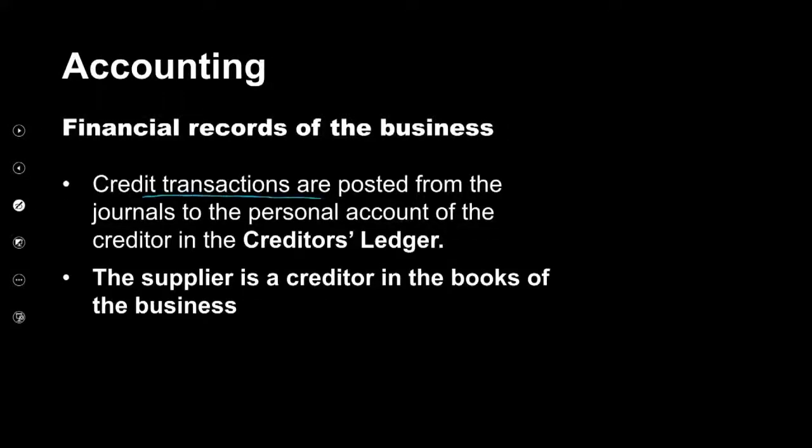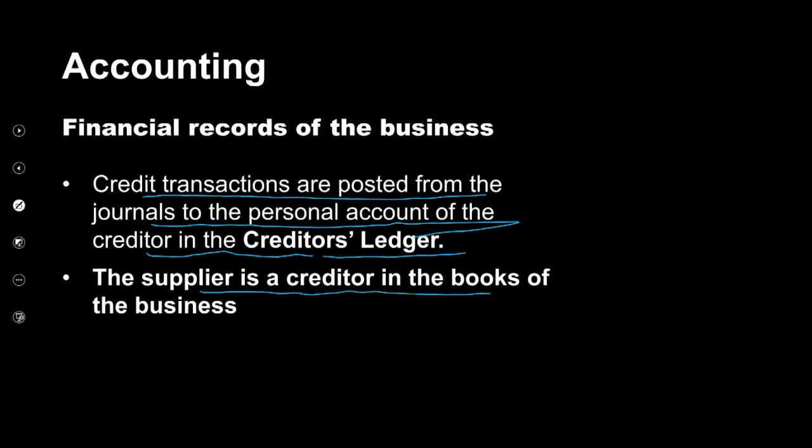Your credit transactions are then posted from your journals to the personal accounts of the creditors in the creditors ledger. The supplier is a creditor in the books of the business.